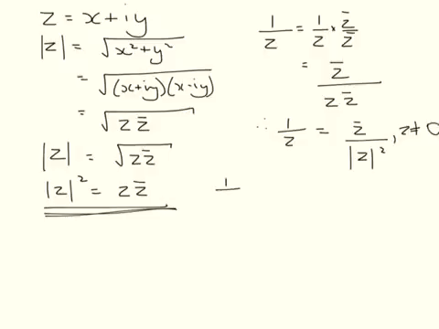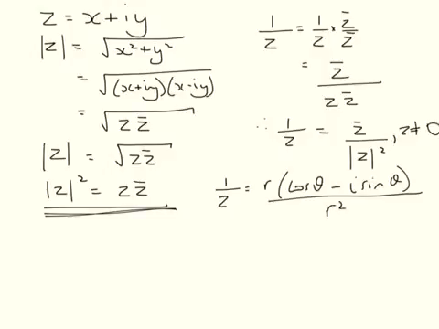And also looking at that, if I write it in mod arg form, that is the same as r outside of cos theta, not plus this time because it's z bar, cos theta minus i sine theta, and then mod z squared is r squared. The r's cancel, so we're just left with 1 on r, cos theta minus i sine theta.